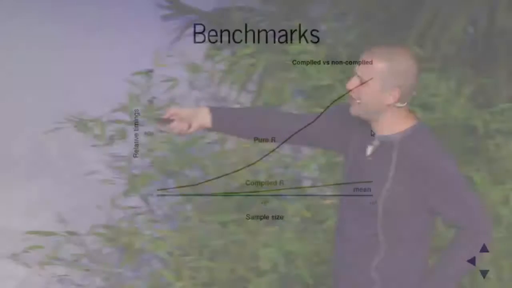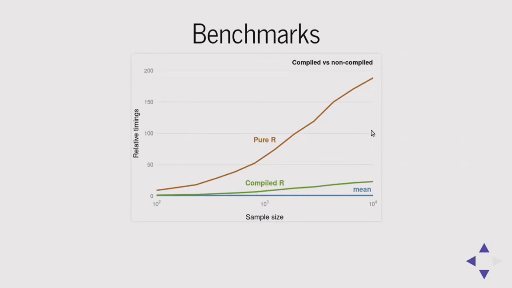And if you do a little plot, in the x-axis we've got sample size, so that's the size of the vector going into my function, and it's ranging from 1,000 to 100,000. As we move from left to right on the x-axis, the size of the vector is getting bigger. The function mean, would you believe, is always the fastest? Well, that's written in heavily optimized C code. The compiled version of mean is gradually getting slower.